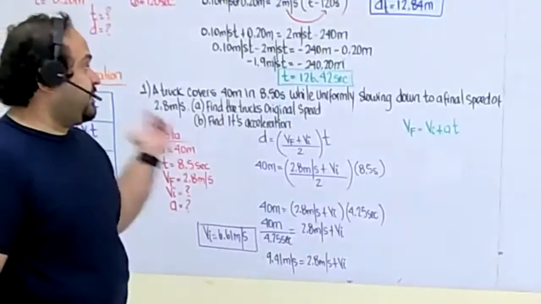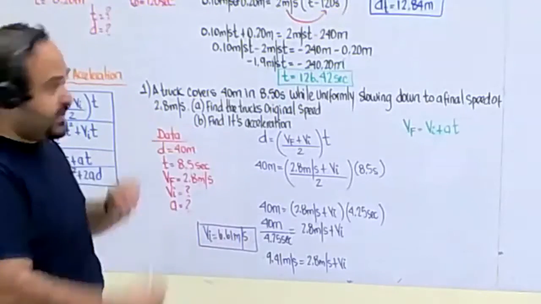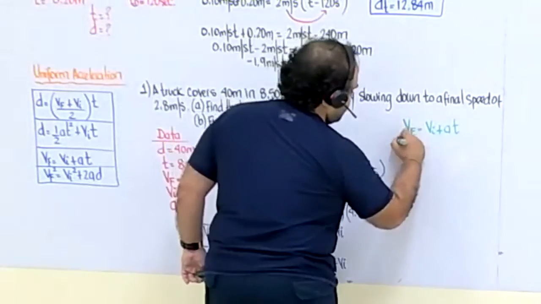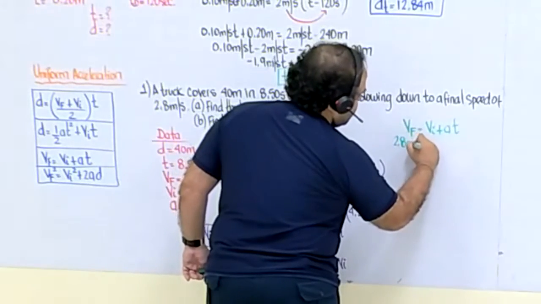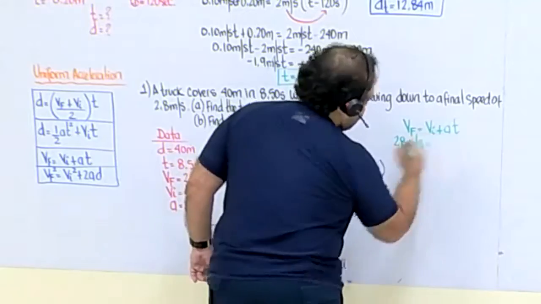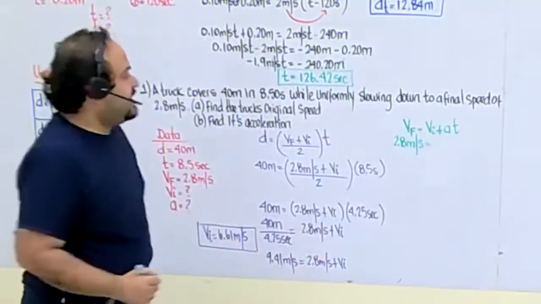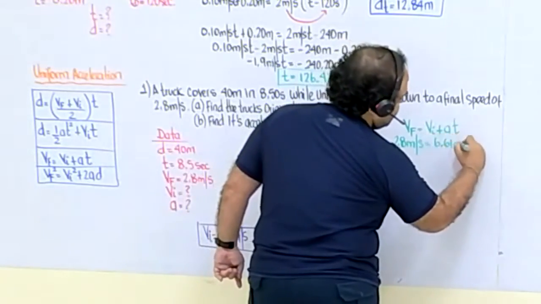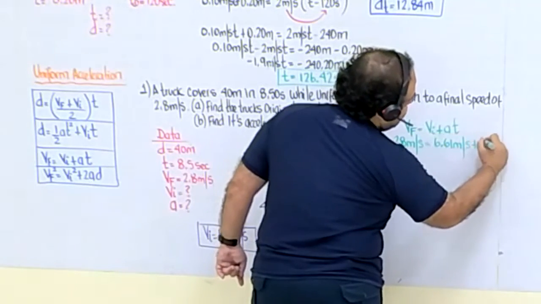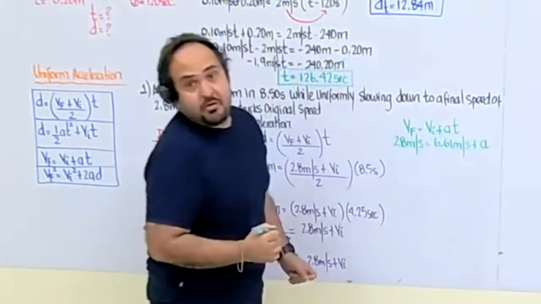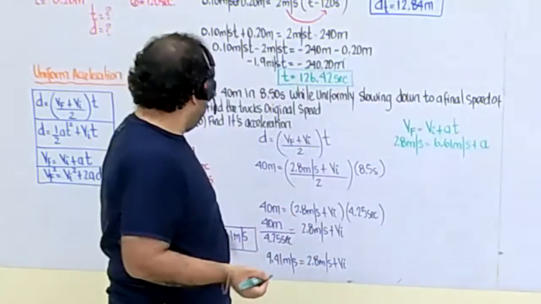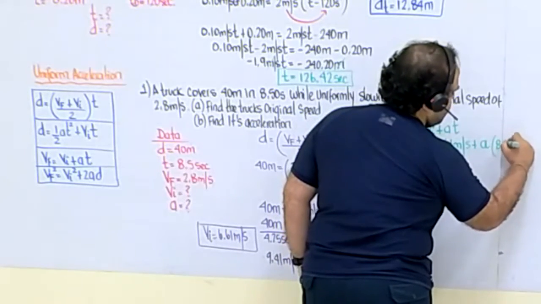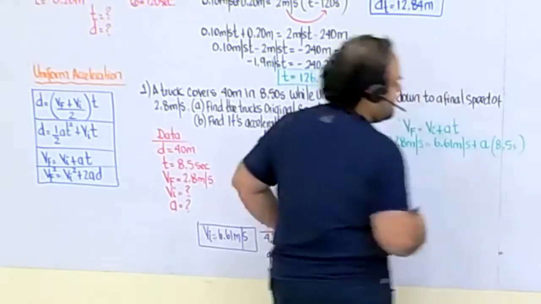This is the physics concept. Well, let's prove that in math. Just replace the values. Final velocity, 2.8 meters per second. Initial velocity, 6.61 meters per second. Plus acceleration, no idea what the value is, but the period of time is 8.5 seconds.